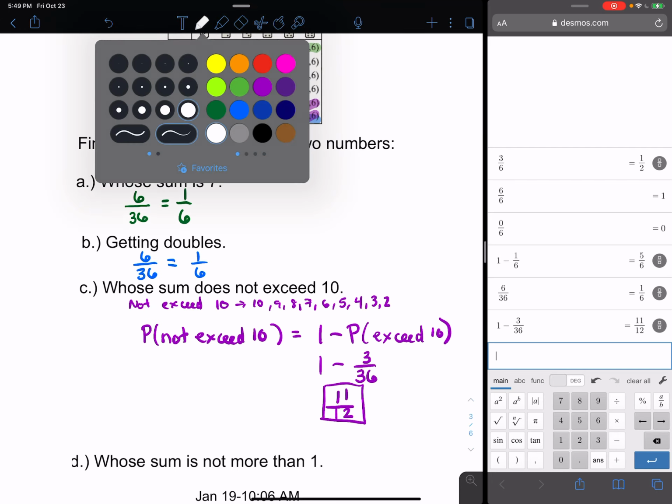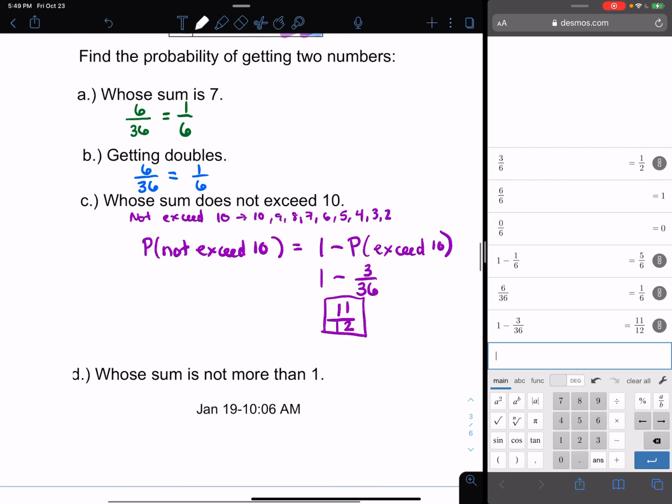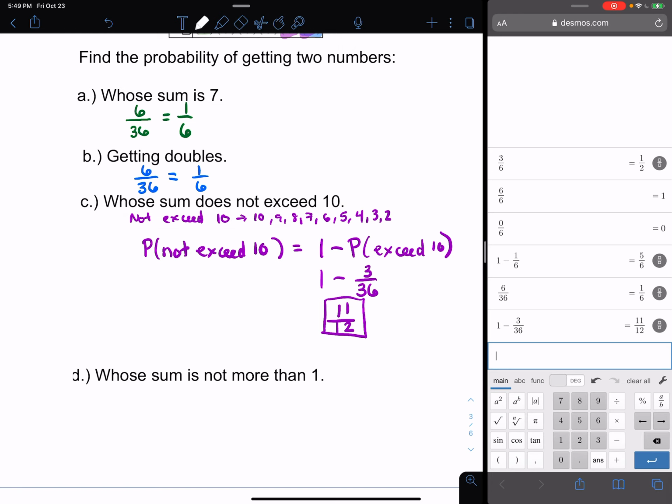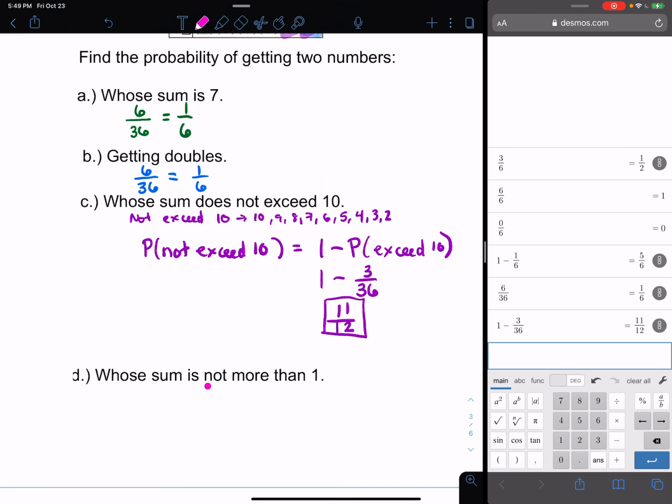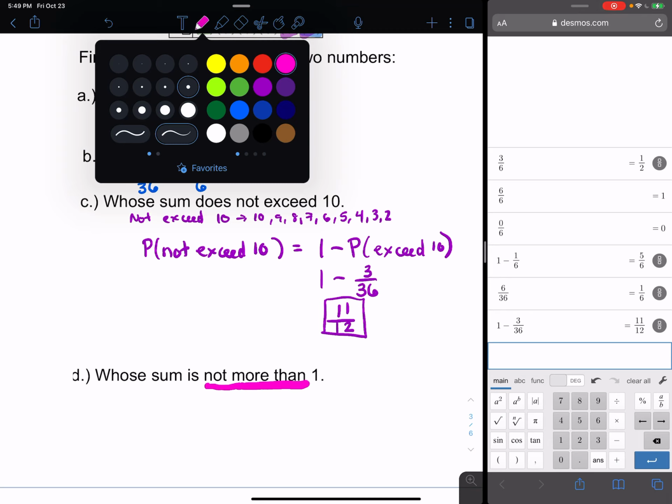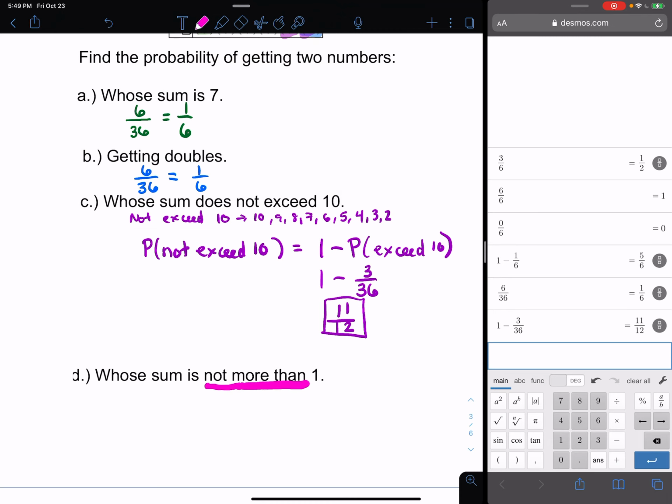Last but not least, let's look at part D. They're asking us to find the probability of the sum that is not more than 1. If we think about not more than 1, that means it's lower than 1.